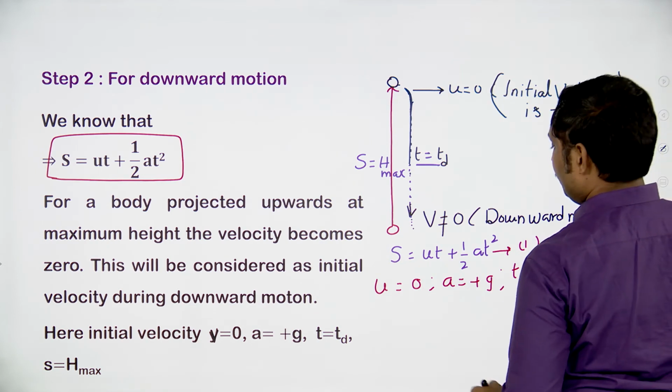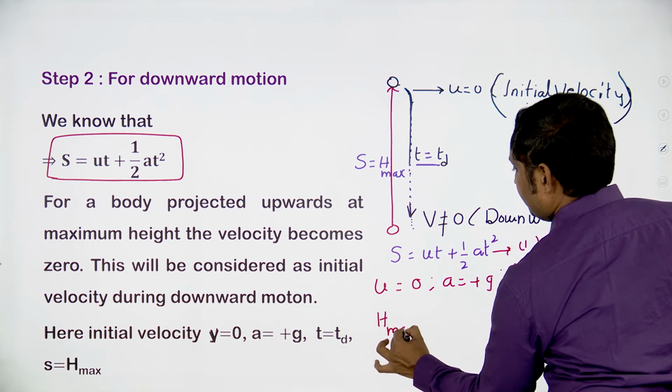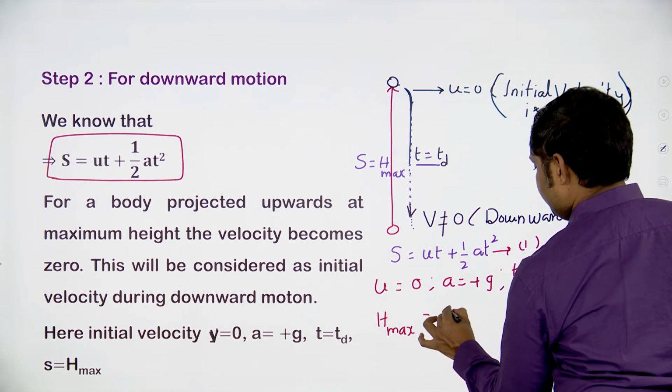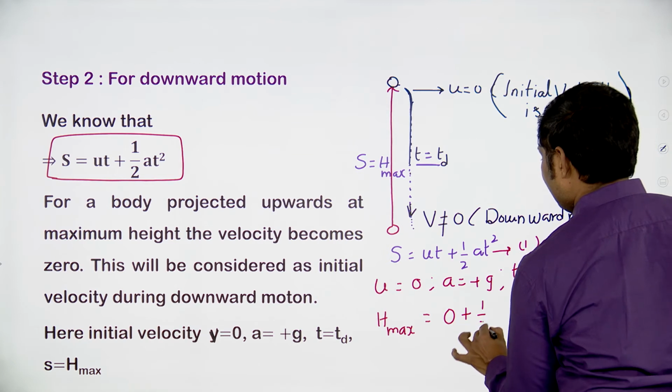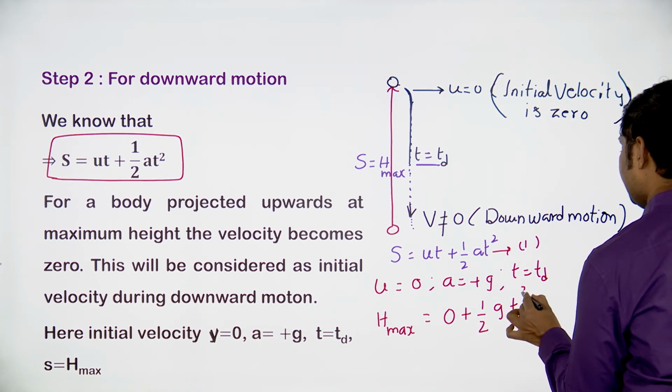Now it is easy for you. You will get that H maximum is equal to 0 plus 1 by 2 G into TD square. It's very clear.